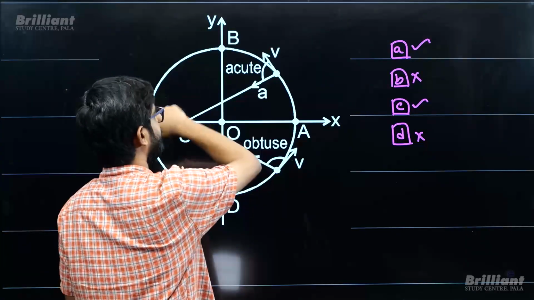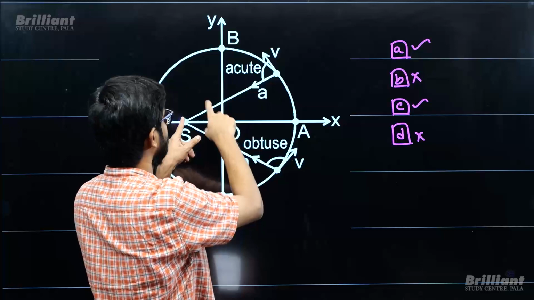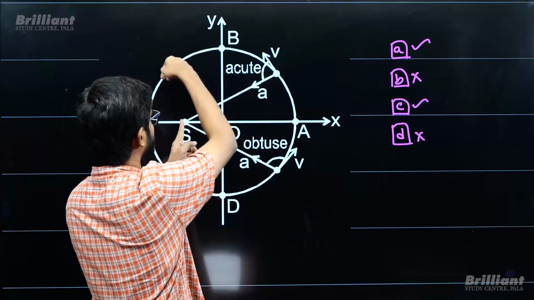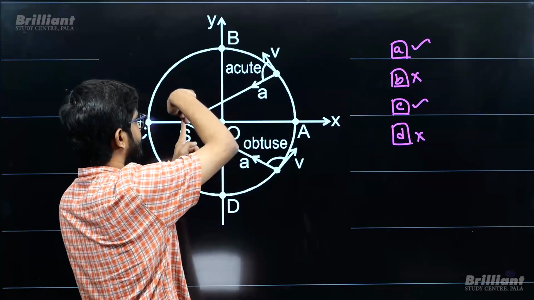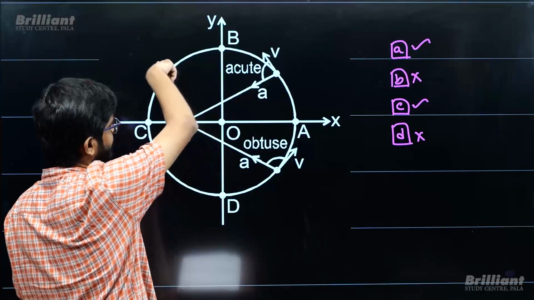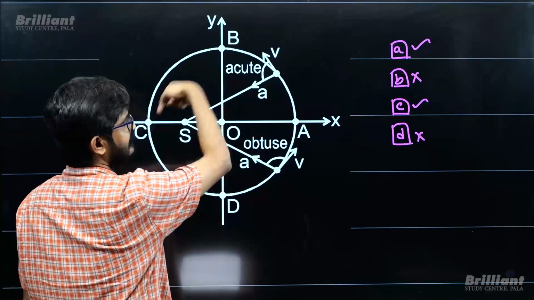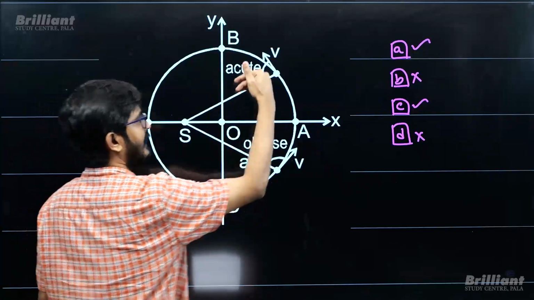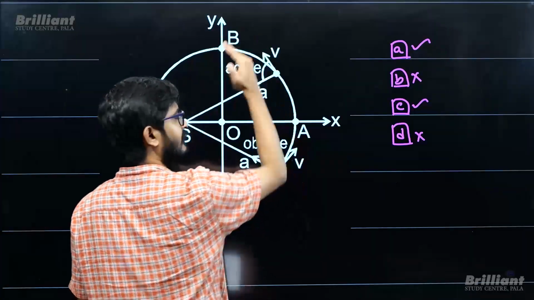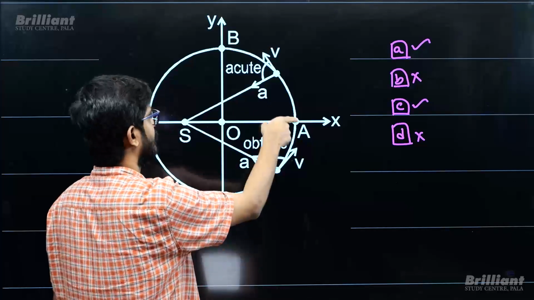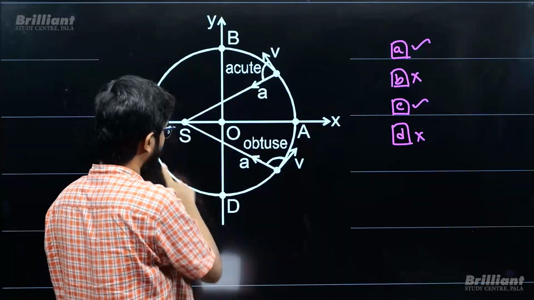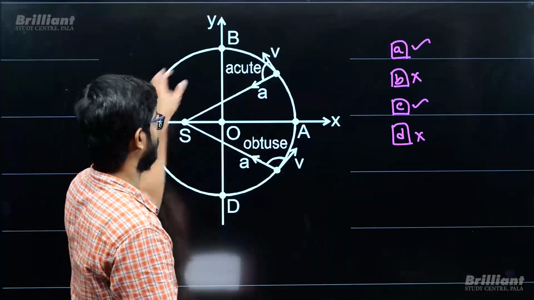But if you take any other point here, velocity is in this direction, acceleration is in this direction. Now the angle is acute, so the acceleration's component along the velocity is supporting it, so it will be increasing its speed. So from A to B it will be increasing the speed.